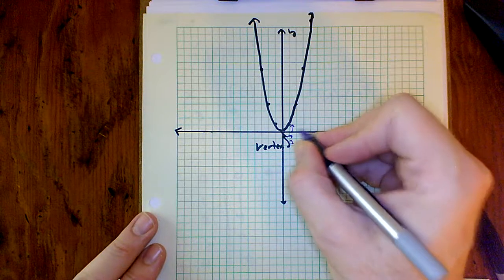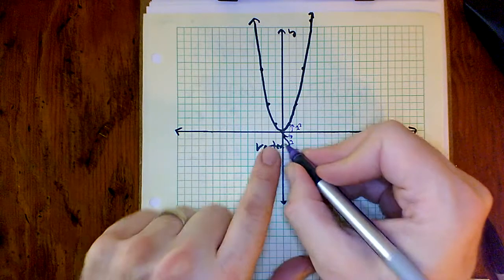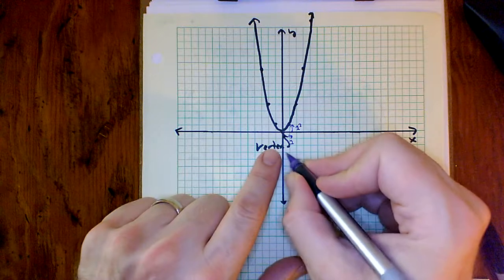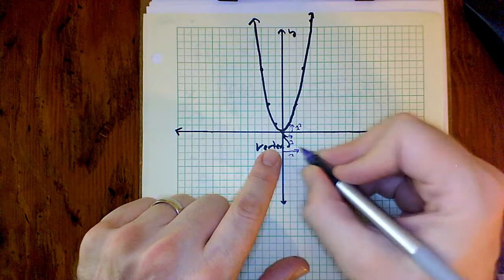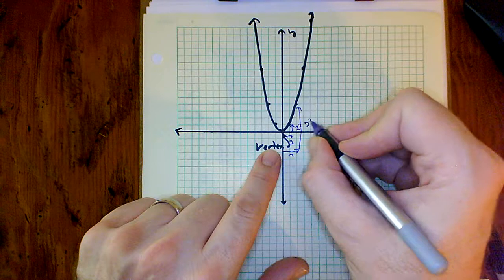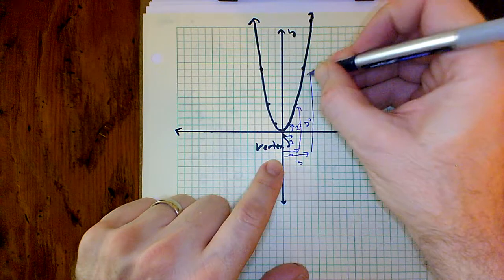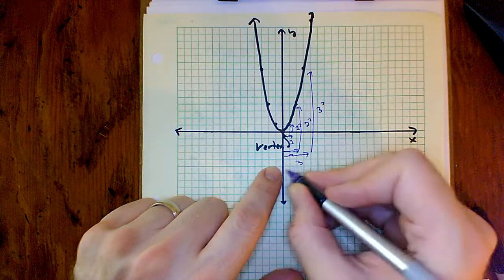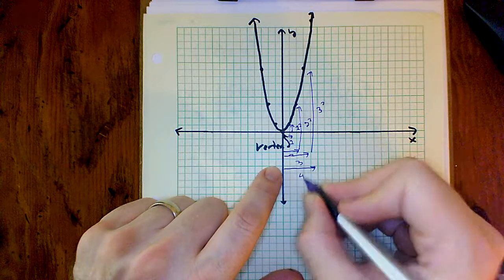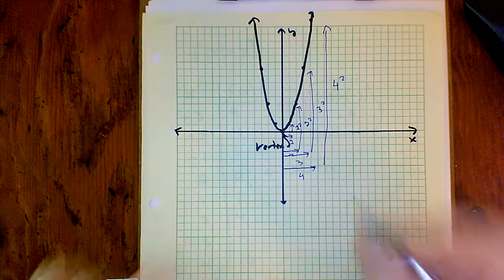I know this is not going to be a big shock, 1 squared, because, well, what am I squaring? I'm squaring that 1. If I move 2 out from there, it moves up 4, or that's 2 squared. If it moved out 3, it goes up 3 squared. If it moved out 4 spaces, it moved up 4 squared places.